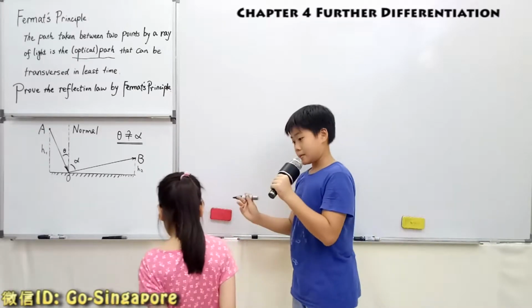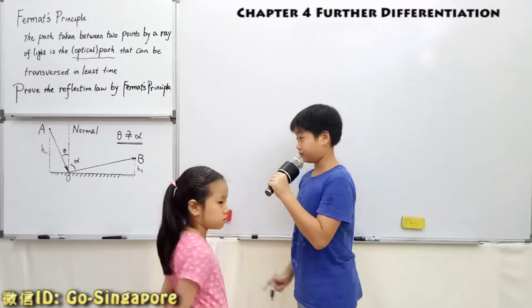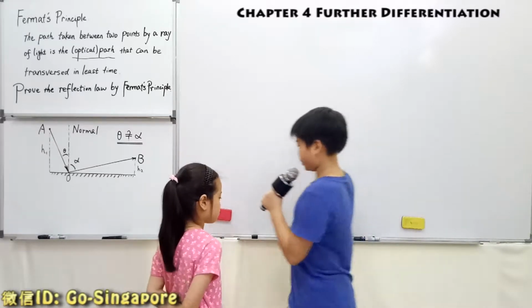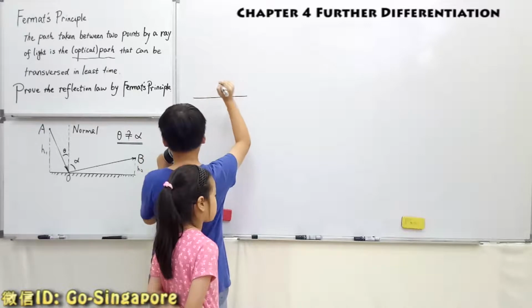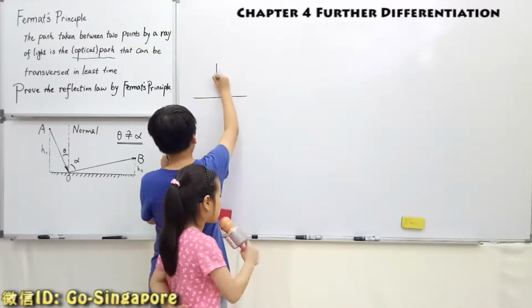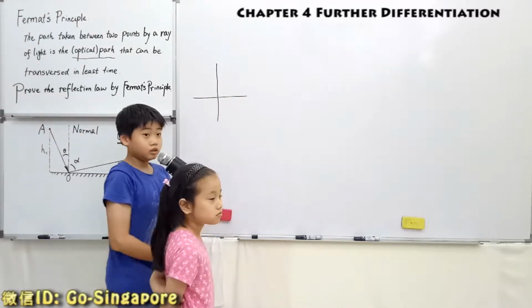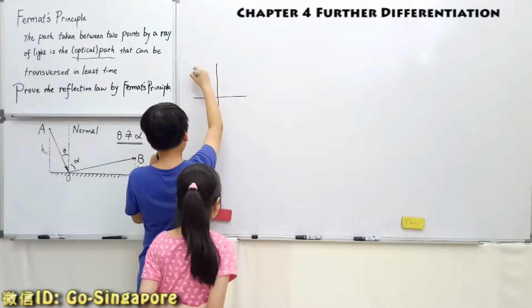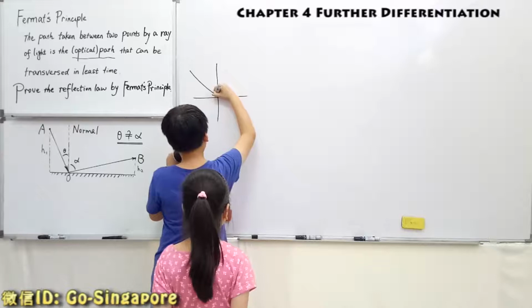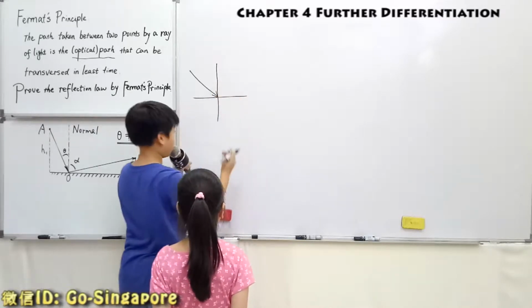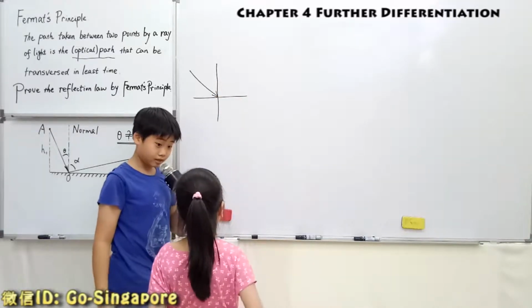That means it can go in the least time, right? Yes. But first, we'll need to know what the reflection law is. For this reflection law, we have this ray of light. You can also call a ray a beam, right?